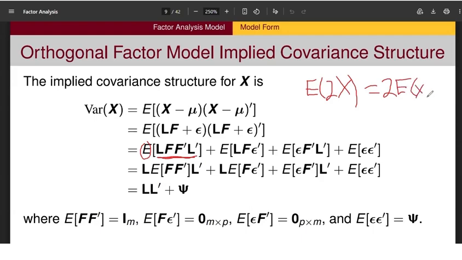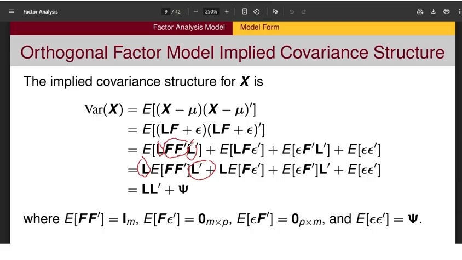Because 2 is a constant. 2 is going to go outside the expectation. So when you take a look at here, this guy and this guy, they are not variables. They're going to come out. You see them coming out? Then the expectation will only attract anything F, because F is a random variable, and that's why you have this guy here. The same thing here. You're going to bring L out. We are here now, and we are here now.